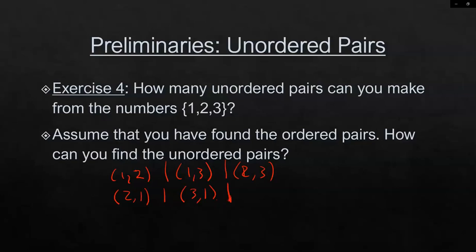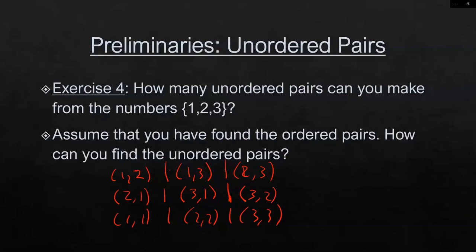That's very interesting. What do we have to do when we have all of the ordered pairs here in order to figure out what the unordered ones are? So these are all the ordered ones. Which ones would you throw away? Okay, so you can remove the ordered pairs that are reversed.